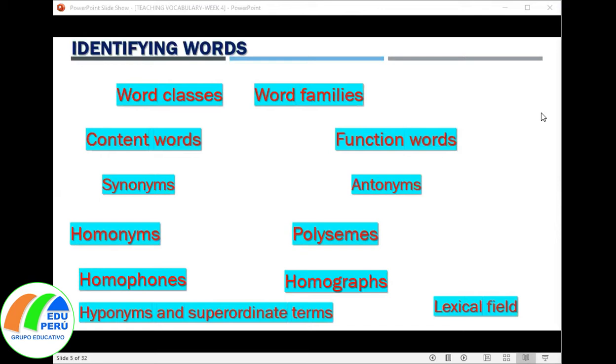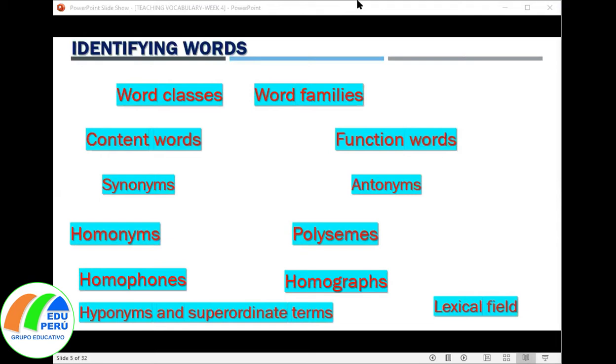Notice, they are not parts of Christmas, they are not different types of Christmas. We are talking about words which have an association, words which you have in mind when you think Christmas: sweet cake, gifts, fireworks, and so on. So notice the difference between hyponyms and subordinated terms and lexical field.